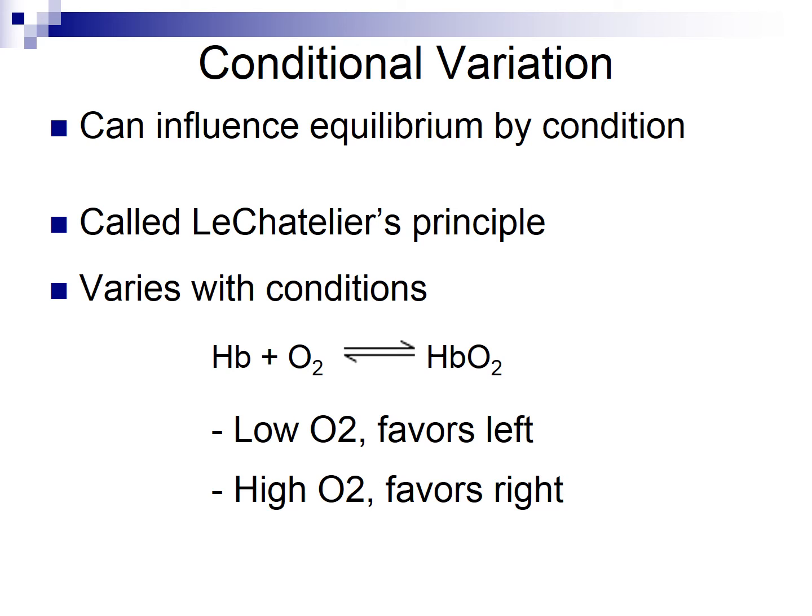In a situation with a high concentration of oxygen, like inside the lungs, we're going to favor the right-hand side, the product side, with hemoglobin complexed to that oxygen. So we can have this dynamic achievement back and forth of equilibrium, and the actual position where the equilibrium lies can change based upon the conditions we're looking at.